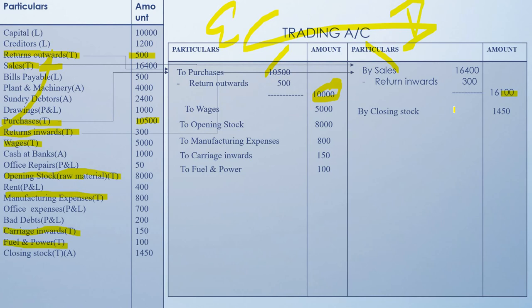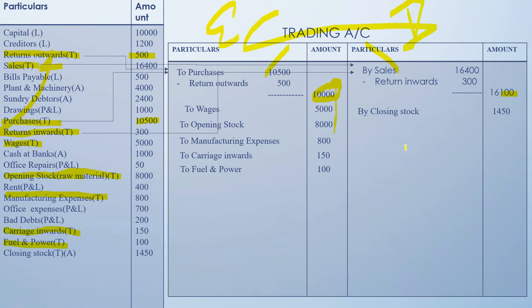First we add all expenses and all incomes separately. If you total the expenses and income and get more on the expenses side and less on the income side, it indicates a loss.